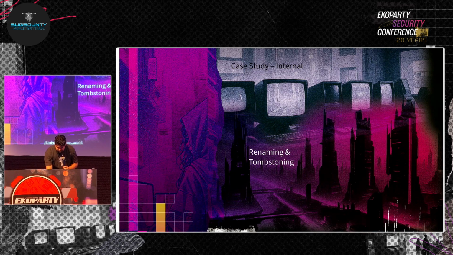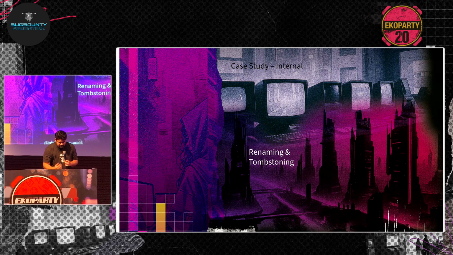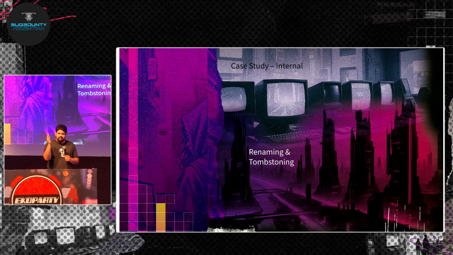So we're going to start with an internal case study. I know at Ekoparty they like big examples and big stories, so I thought I'd bring one that means a lot to me personally. We had something around renaming and tombstoning user namespaces. When you have an account or an organization and then the repo name, that is a namespace altogether, right?